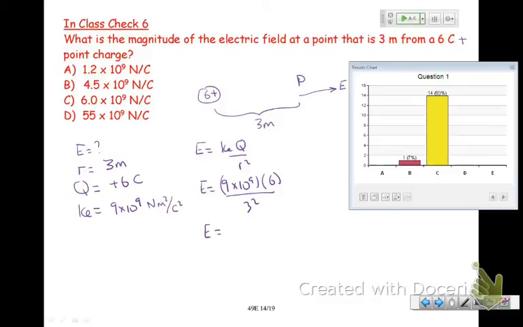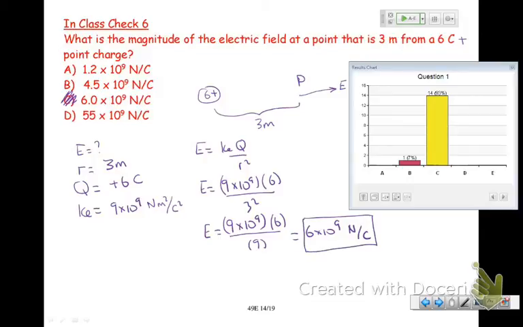E is equal to 9 times 10 to the 9 times 6 over 9, which equals 6 times 10 to the 9. And the units are newtons per coulomb. So 6 times 10 to the 9. Great.